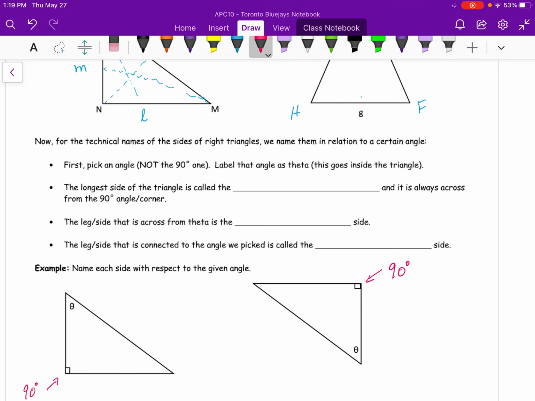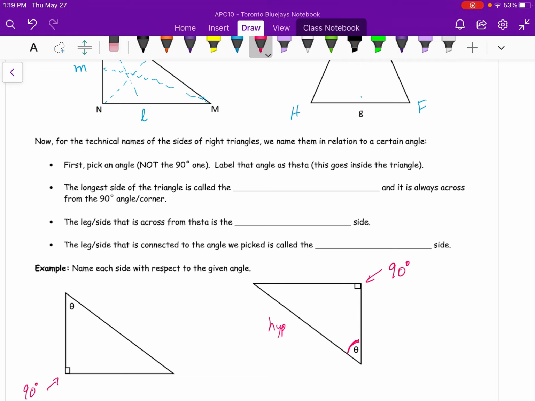So what do we do? We pick one of the non-right angles and we call it theta. Now theta is the unknown angle. Now it's with respect to theta that we label our triangle. The longest side is always called the hypotenuse. Now I should qualify that the longest side of our right angle side is also called the hypotenuse. But more exactly, the hypotenuse is the side that is directly opposite the right angle.